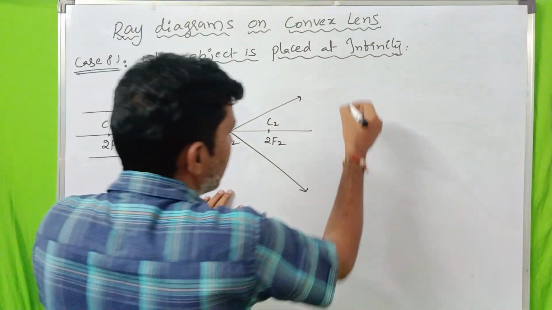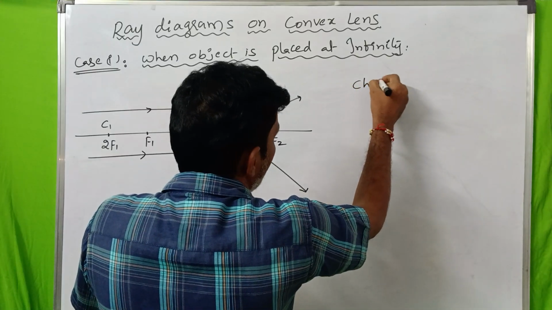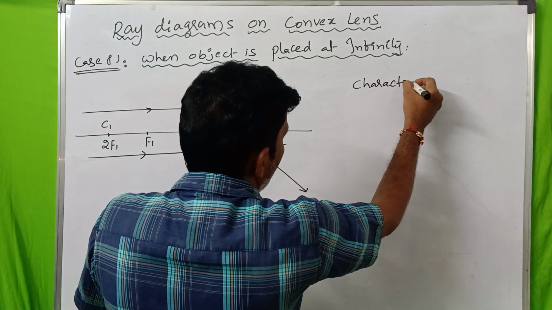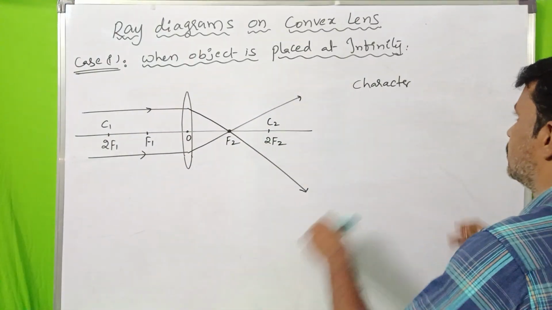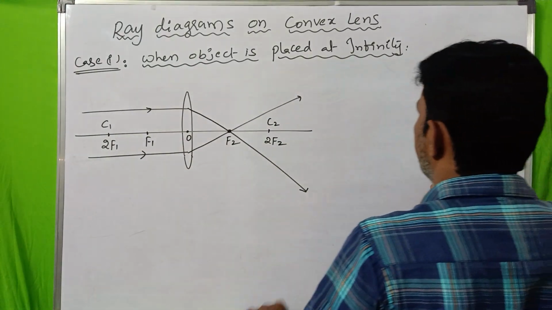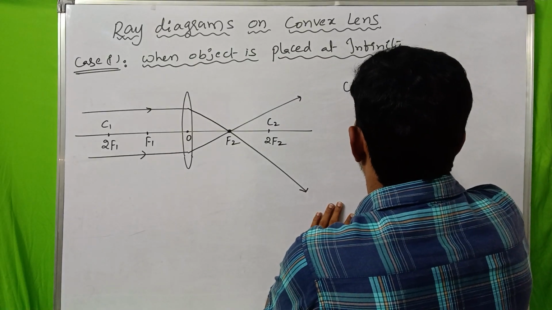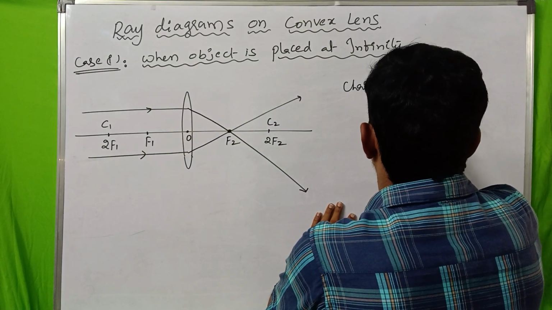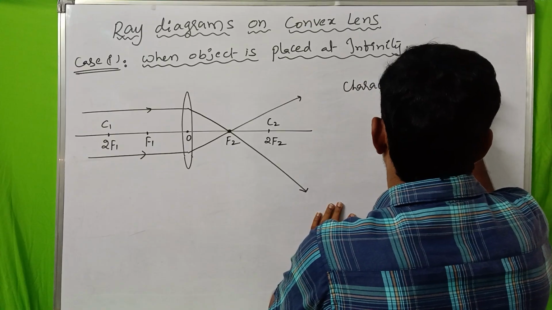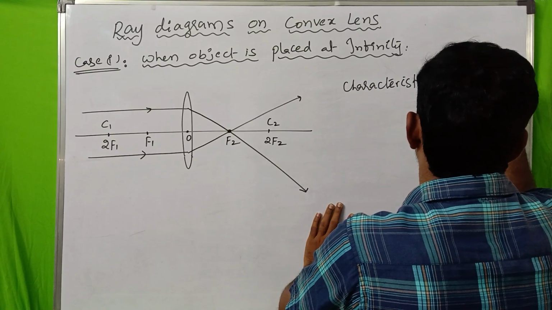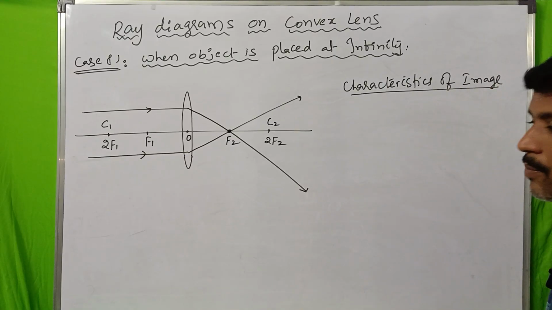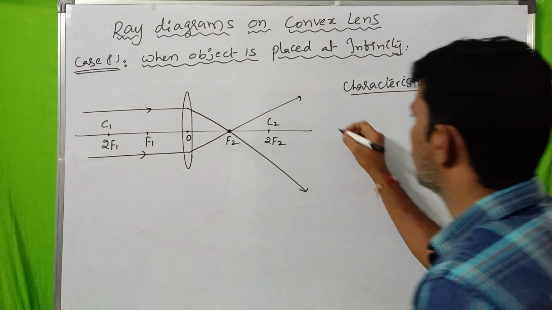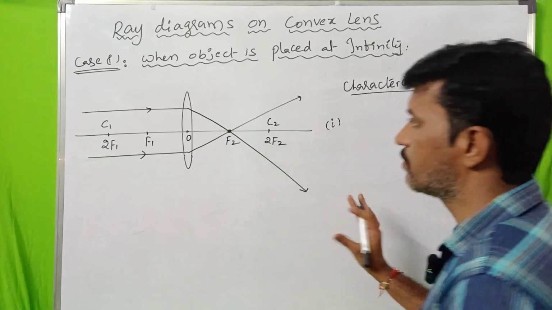Now let us write the characteristics of the image. First, we need to write the position of the image.